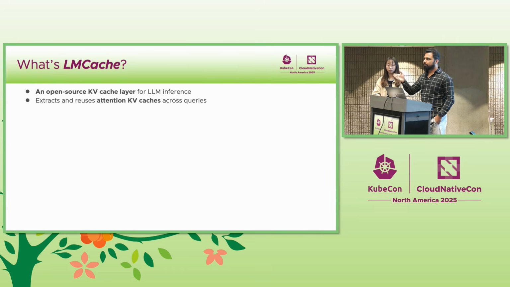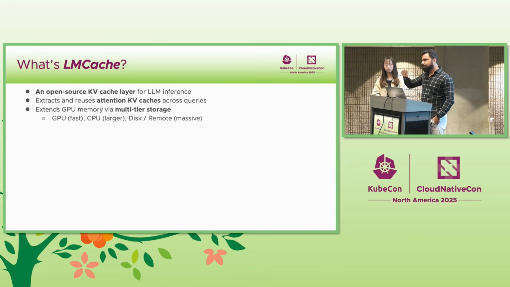It could be CPU memory, local NVMe disks, or remote storage. It has tiers where the hot caches are always kept in GPU memory, the warm ones could be configured to sit in CPU memory, and then remote ones. Today it works with vLLM and SGLang, so you can use it with both inference engines.